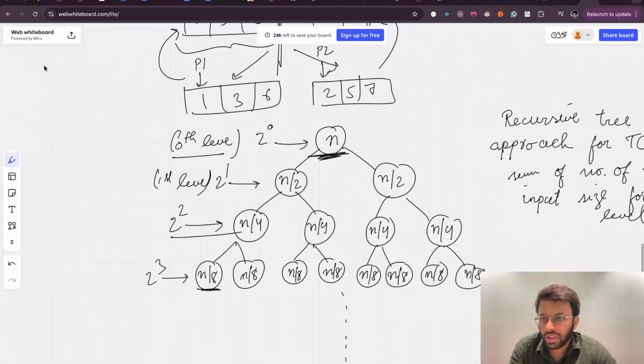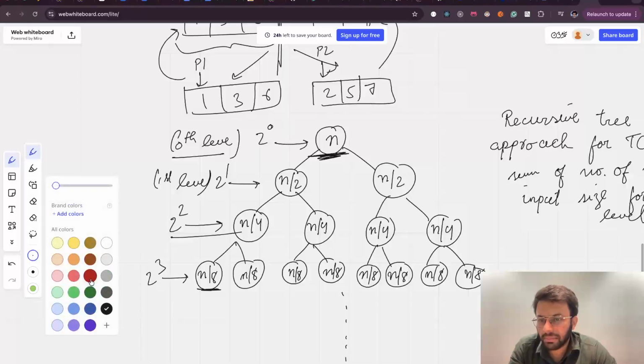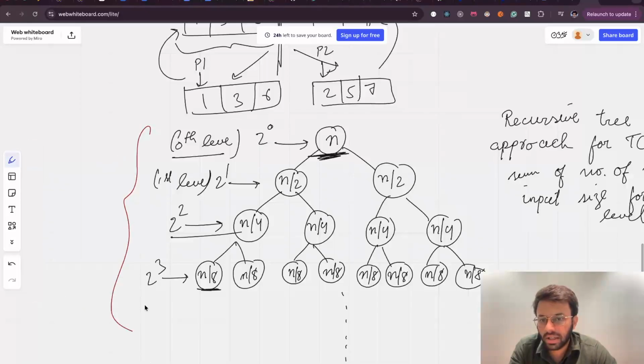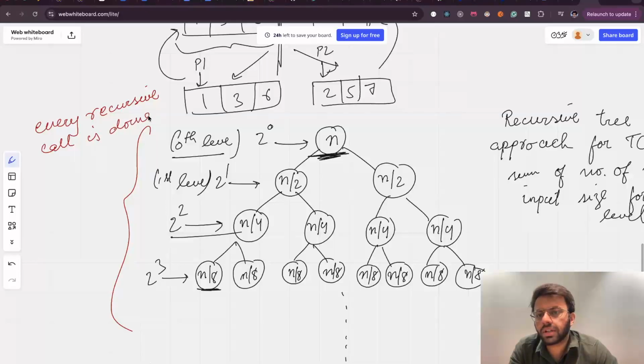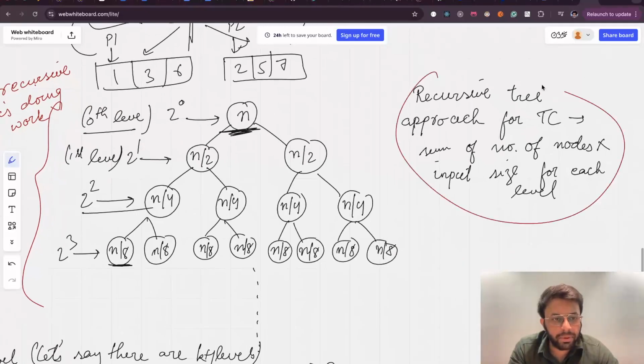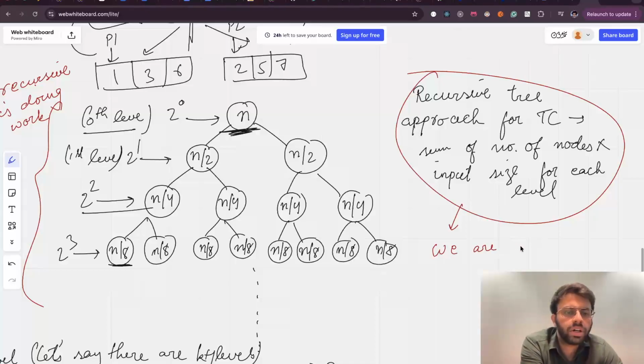So what is the basic gist behind this approach? The basic gist is every recursive call is doing some work. With this approach, we are adding the work of every recursive call.